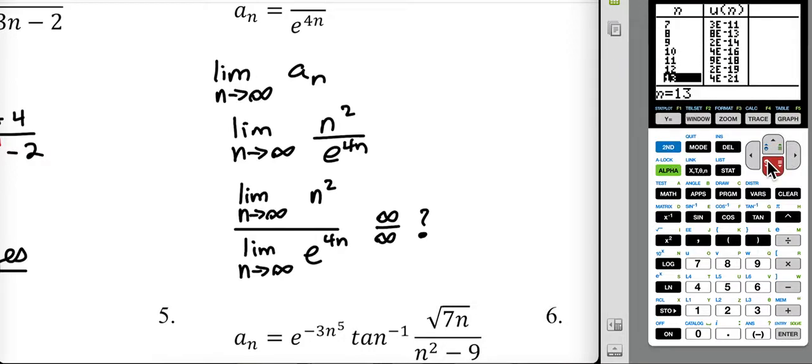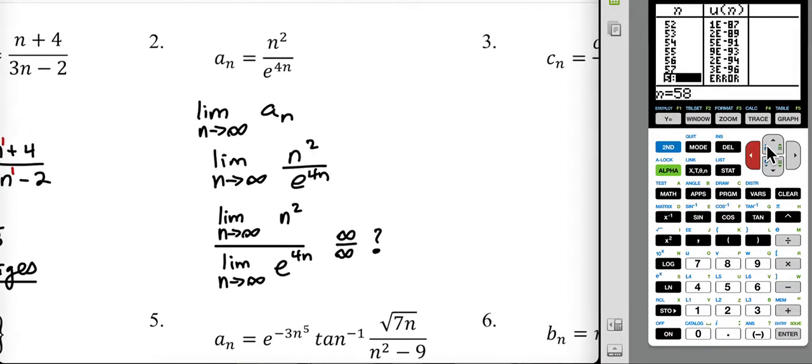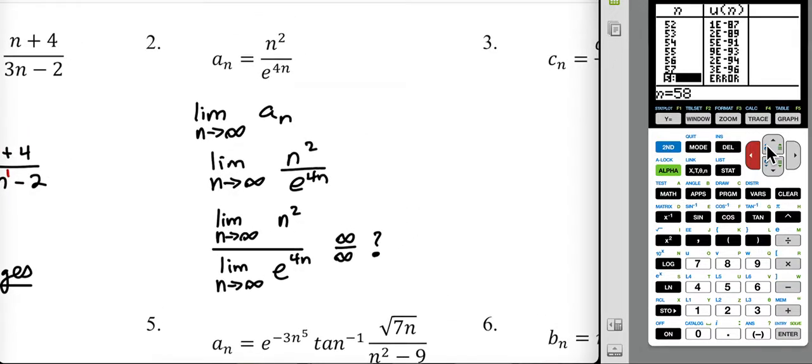Looking at the values that we have here, it does appear to be decreasing to something close to 0, until it becomes this error. It's leading me to believe that this is an overflow error, not the kind of error that is mathematical in nature. It's just that the calculator can't handle the computations anymore. We could do a bunch of things, but what we can do is start actually listing out the sequence.